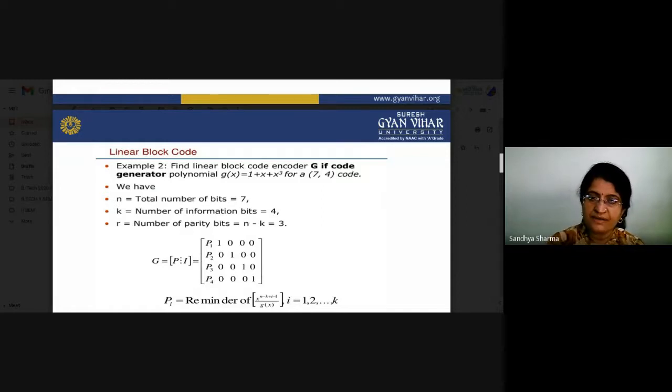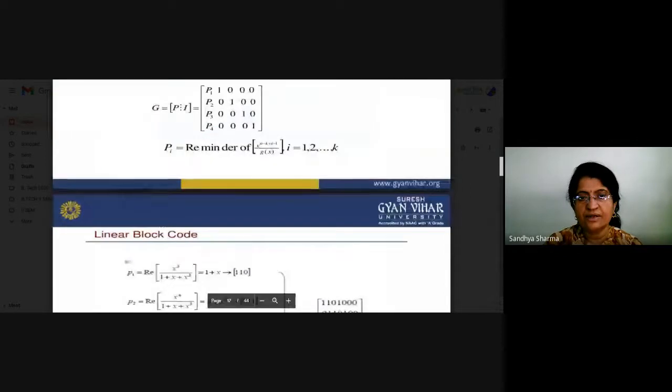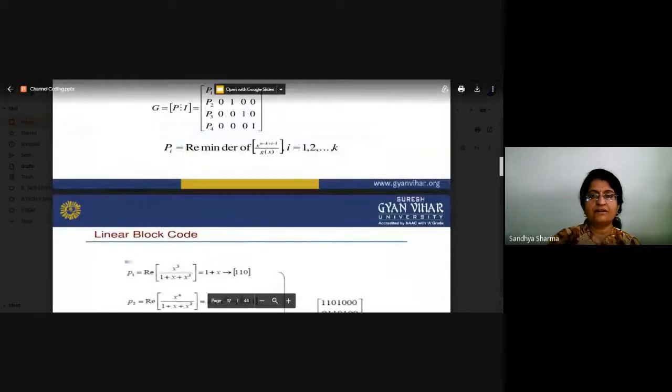Now this is the parity matrix, and how can you calculate the parity matrix? Pi is the remainder of x to the power n minus k plus i minus 1 upon g(x).